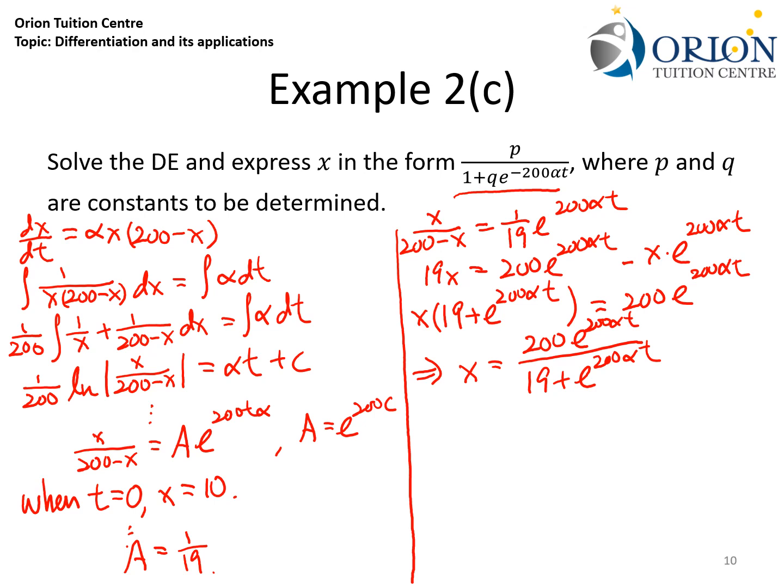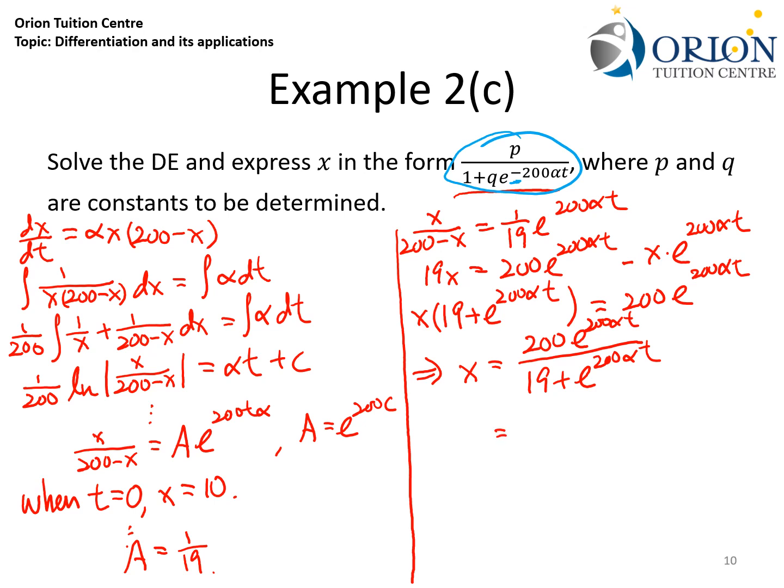But note that this is not the form that I'm required to show. What I need to show is this form over here where there is no exponential at the top and the power of the exponential has become negative. So what I have to do now is to simply factorize out the exponential terms on the top and the bottom and cancel them out.